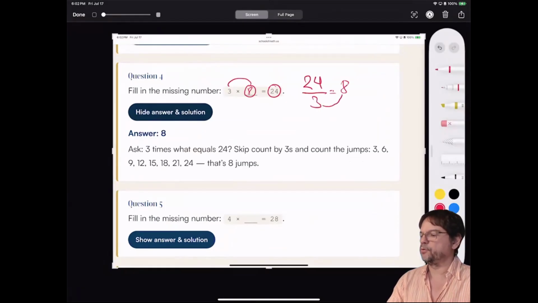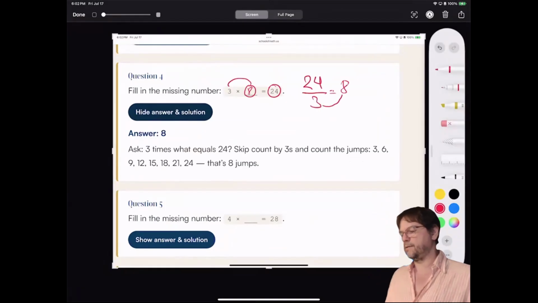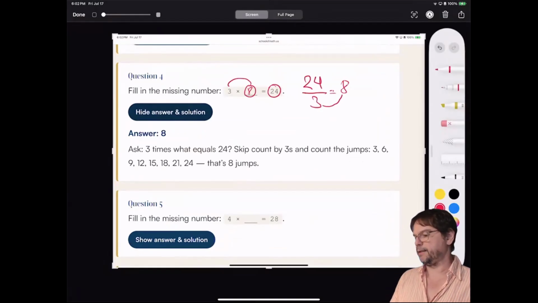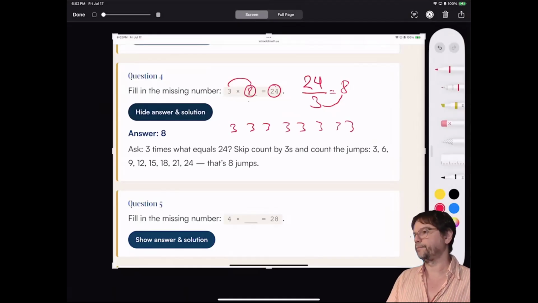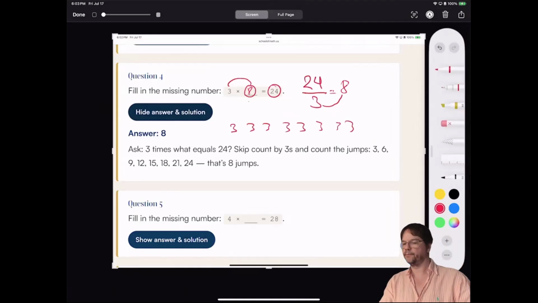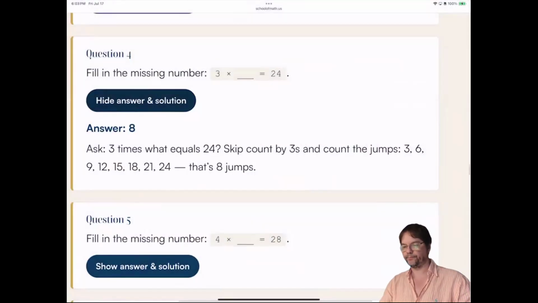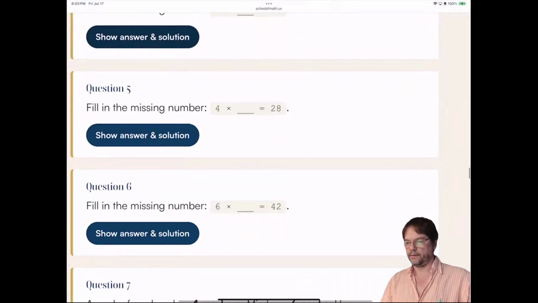So if you multiply, 3 times 8 is equal to 24. Okay. I can list them. Or how many times I need to add 3 to reach 24 is 8 times. Is that okay, Sloan? 8 jumps. Next one.